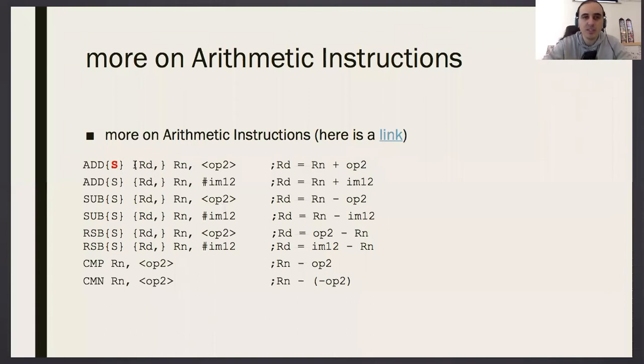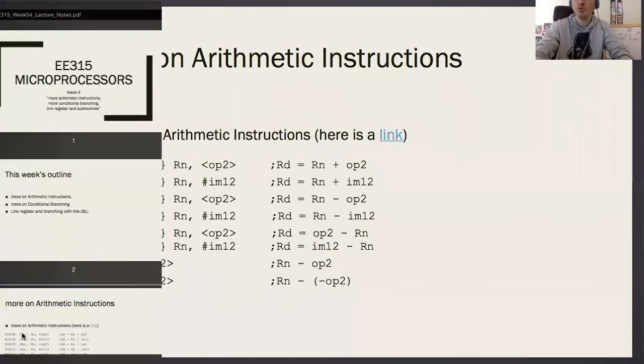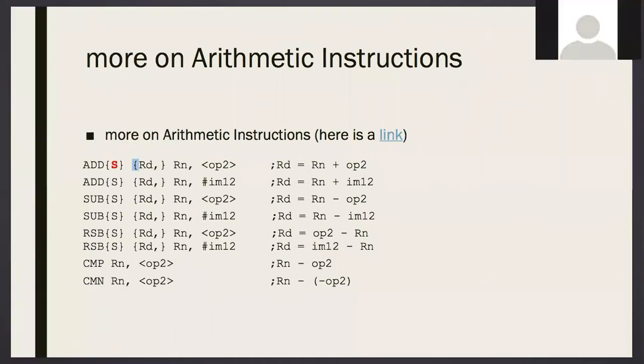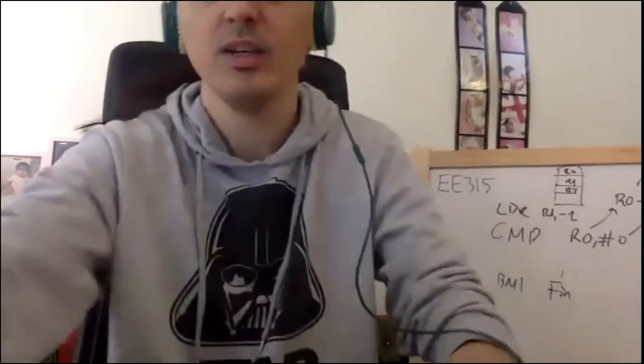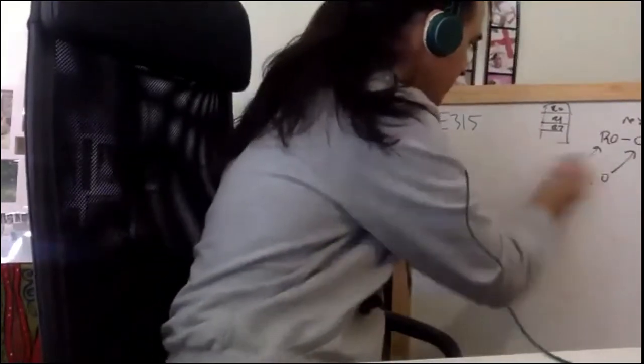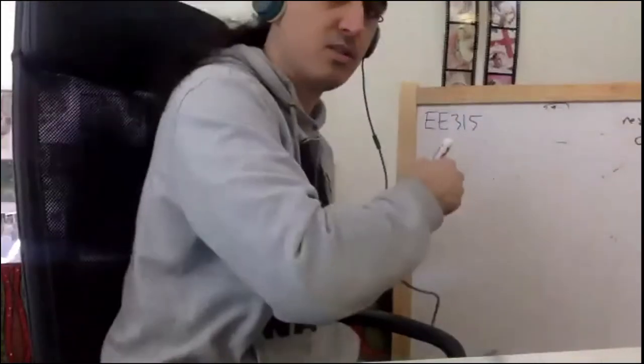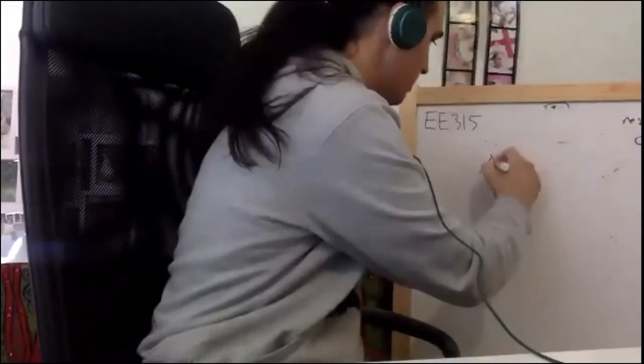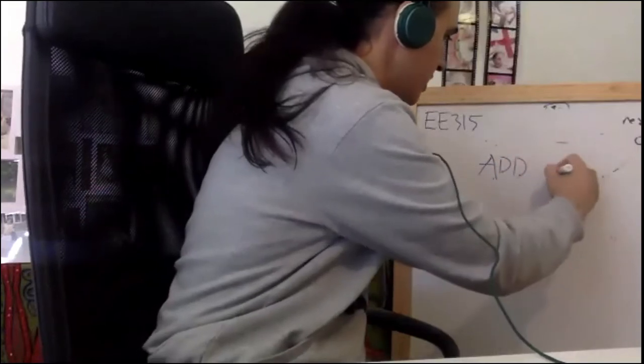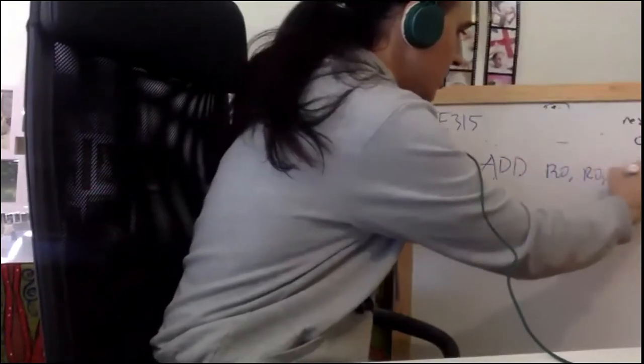However, if you see these set brackets, it means that it's optional. In other words, maybe I should show it to you on my, let me show the speaker view. Okay. So actually, I've shown you this in the previous week. So guys, this is, for example, ADD R0, R0, R1.